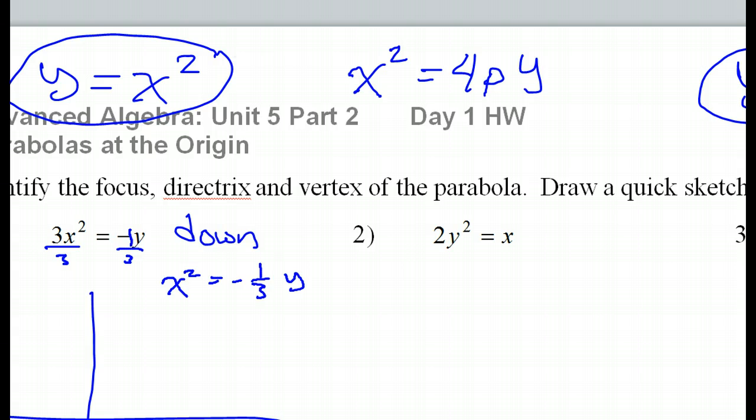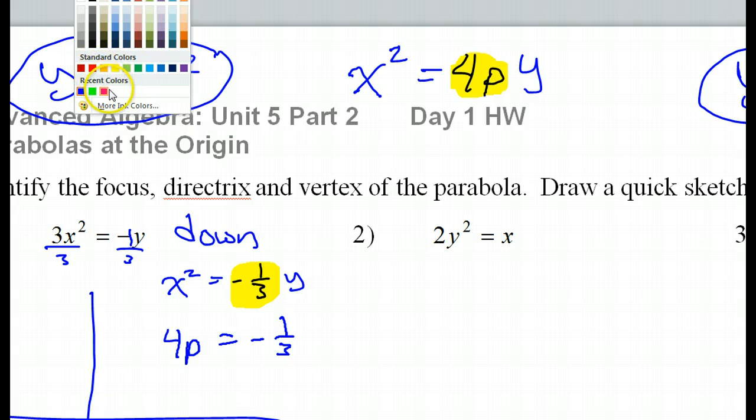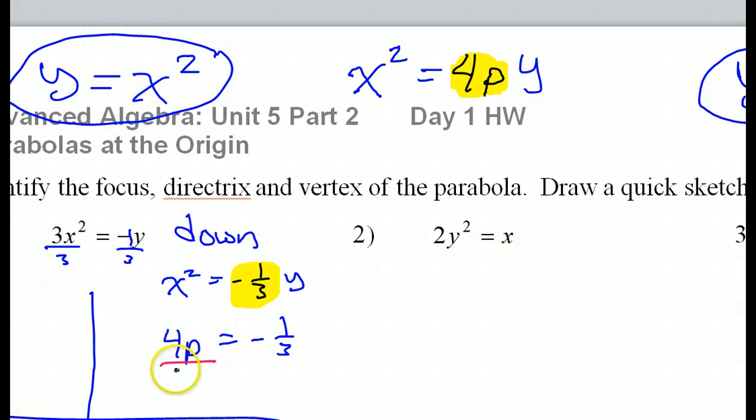Okay, now look, whatever's in front of the y here, that equals 4p. So for this problem, 4p equals negative 1/3. So I have to find out what p is. So I would divide both sides by 4. Okay.